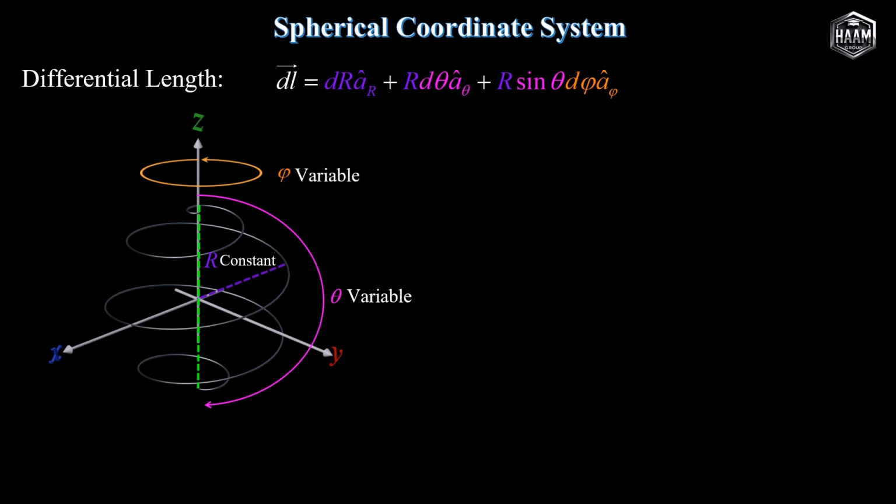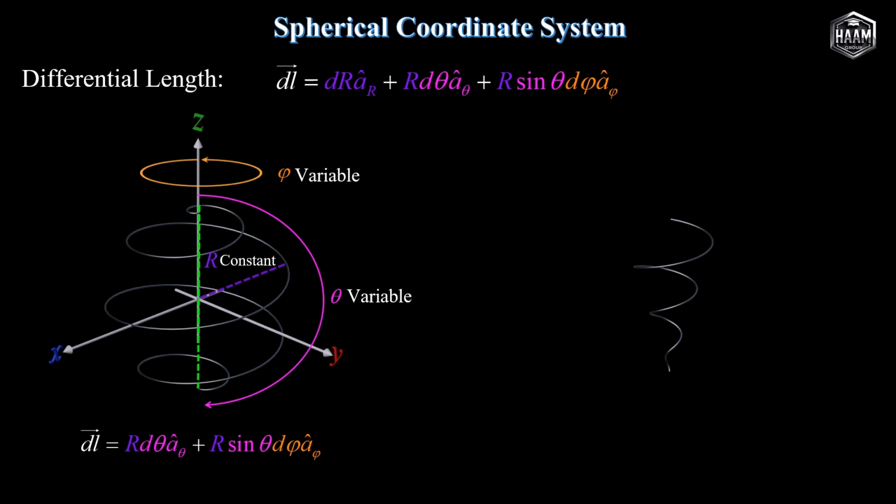Therefore, the differential length of this particular path equals dl equals capital R times d theta times a hat sub theta plus capital R sine theta d phi a hat sub phi.